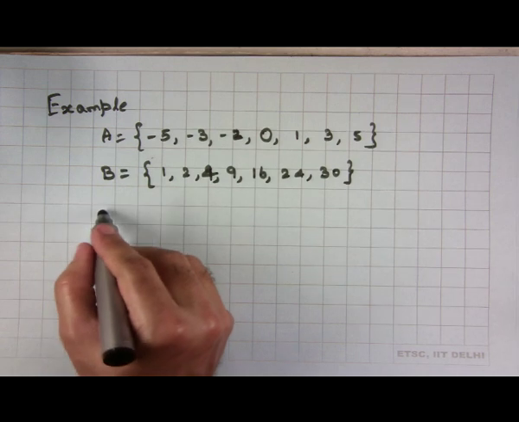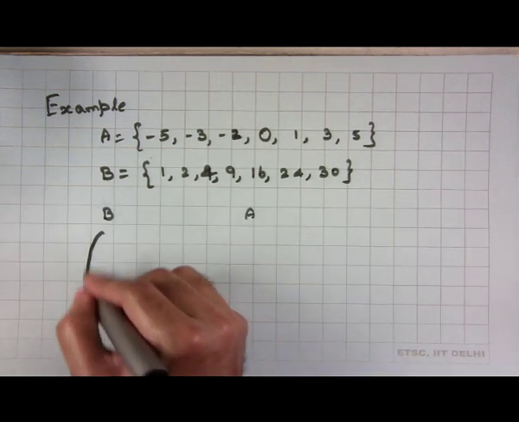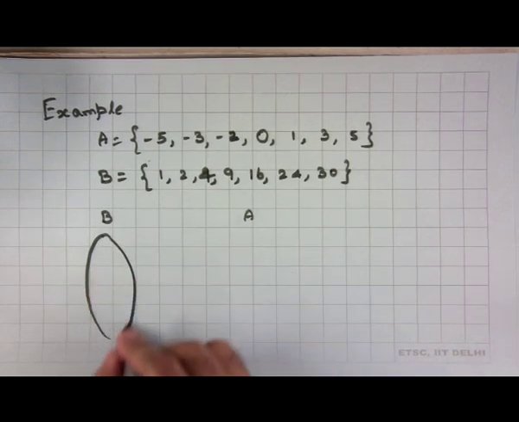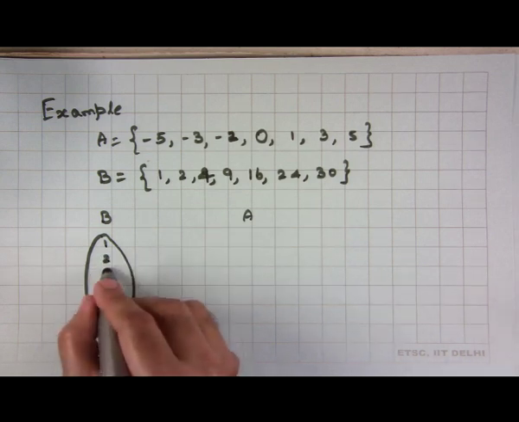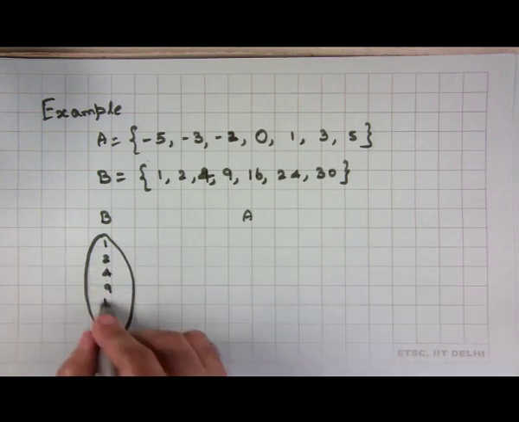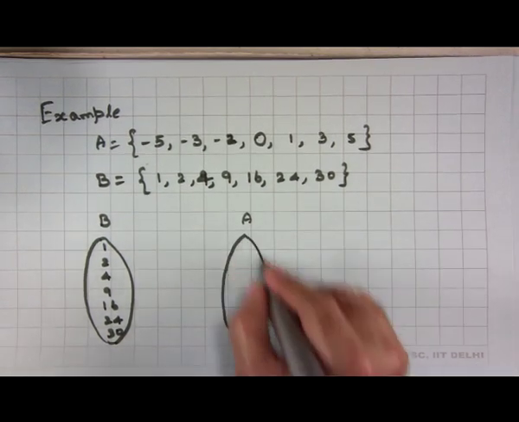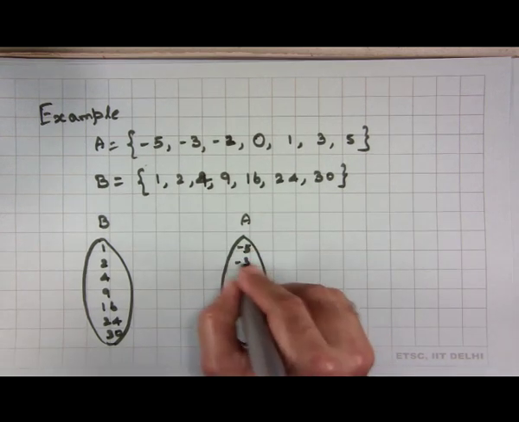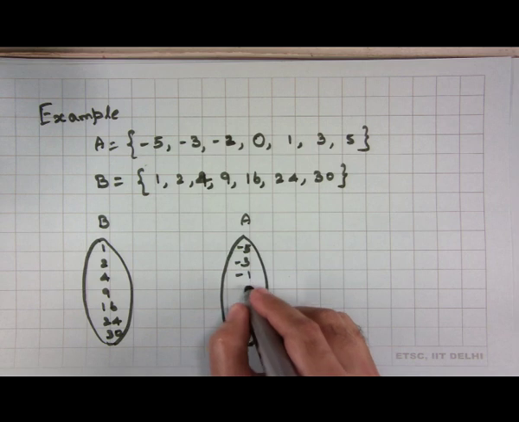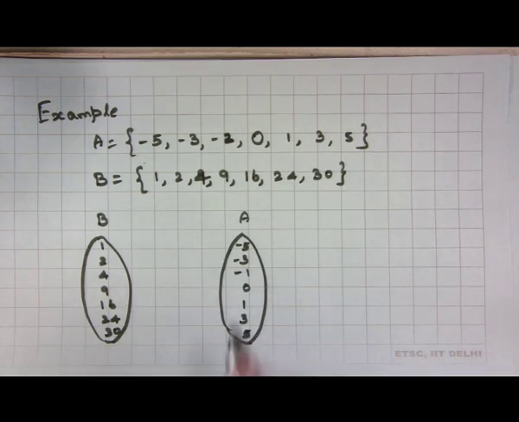Now, we had a relation from B to A. Let us try to describe it in terms of the diagram. 1, 2, 4, 9, 16, 24 and 30. The other set that we had was -5, -3, -1, 0, 1, 3, 5.